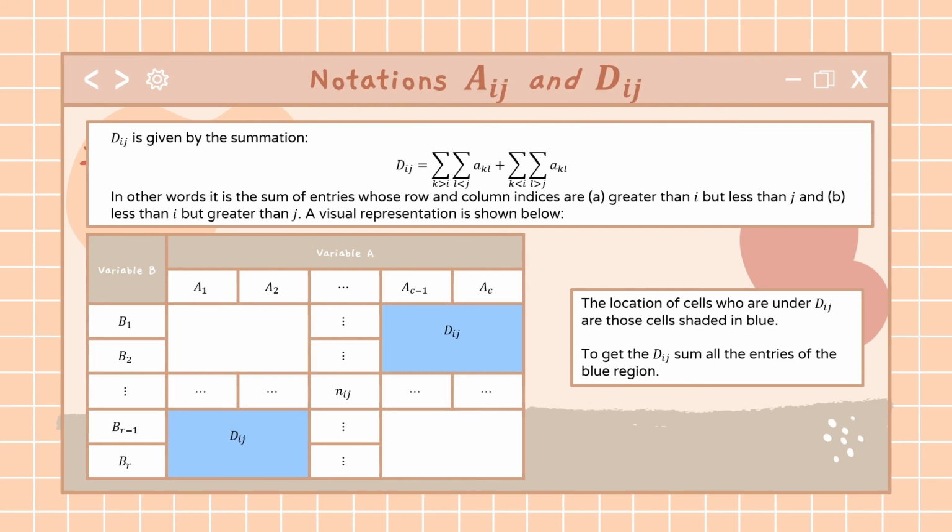And for the Dij naman, ito yung parang opposite niya. Like, in other words, it is the sum of entries whose row and column indices are greater than i but less than j. Ito yun.